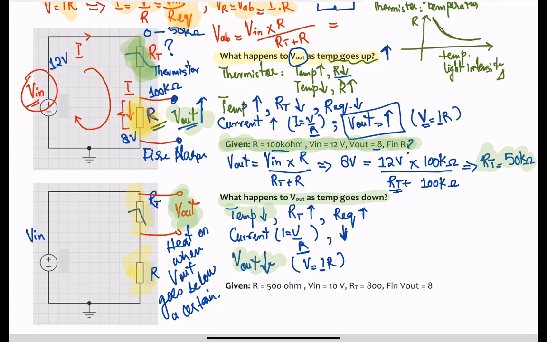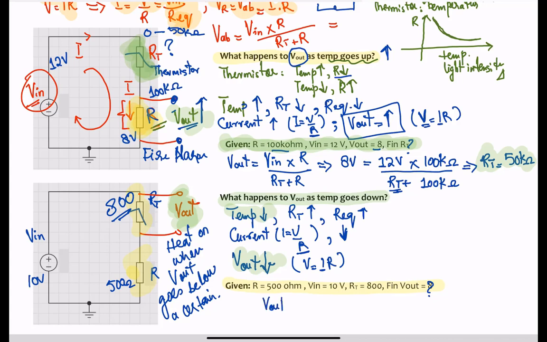We have one equation over here, and they are saying given R equals 500 ohm, V in is 10 volts. RT is given this time, RT is 800, and you need to find out V out. Simply apply the voltage divider.